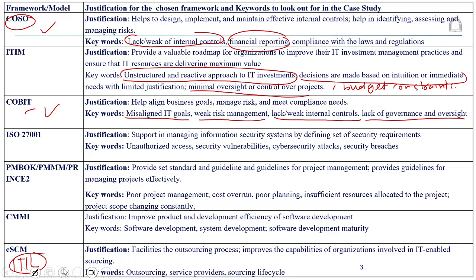COSO, yes. I'm just looking at all the frameworks. As I said, I would revise generically. I would not say that you need to concentrate on COSO, but how can you know, for example, something is COSO and something is COBIT? There's a very thin line between COSO and COBIT.